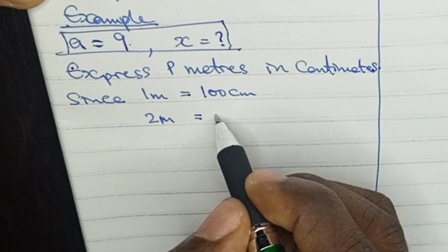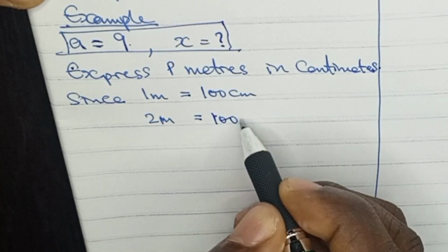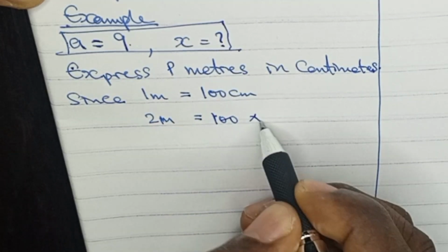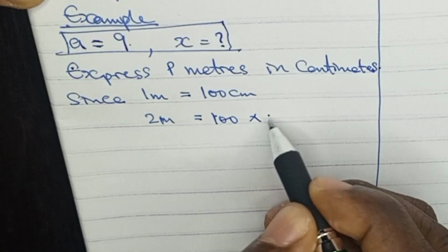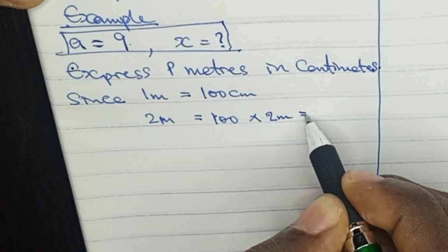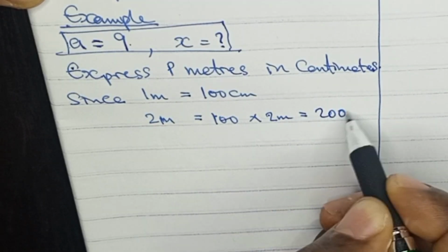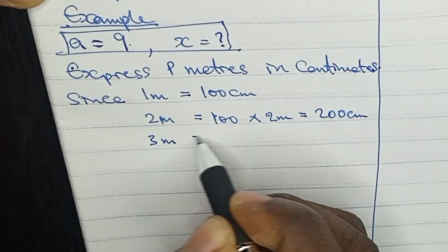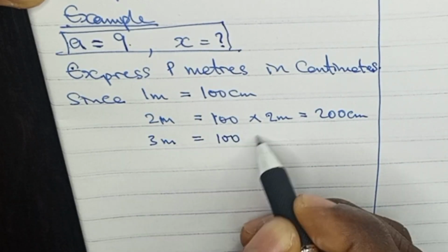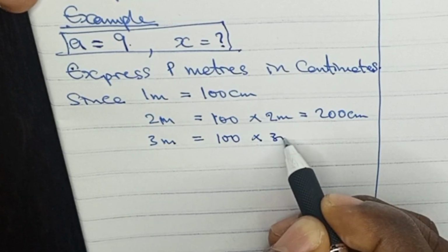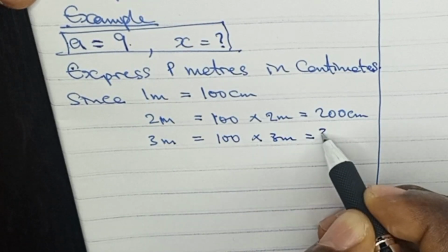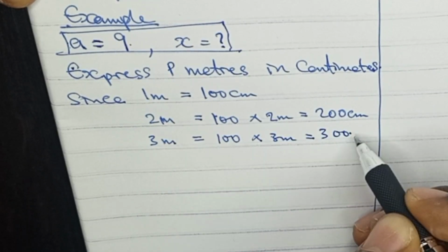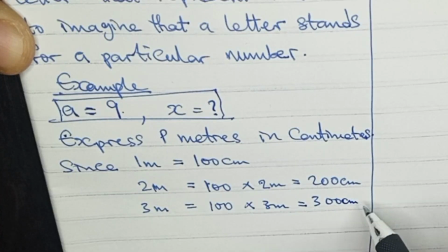Automatically we have 100 centimeters multiplied by 2 meters, which is going to give us 200 centimeters. The same goes with 3 meters. We still use the 100 to multiply the 3 meters, which is going to give us 300 centimeters.